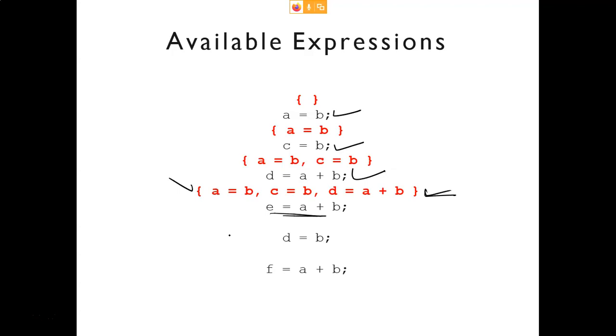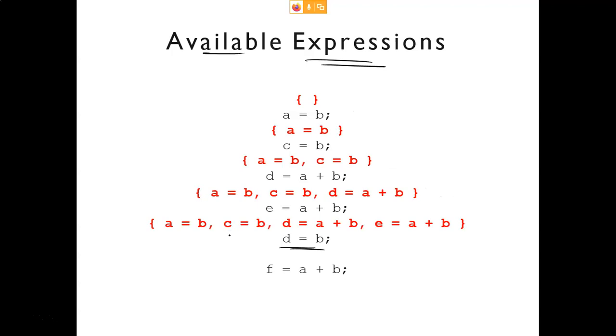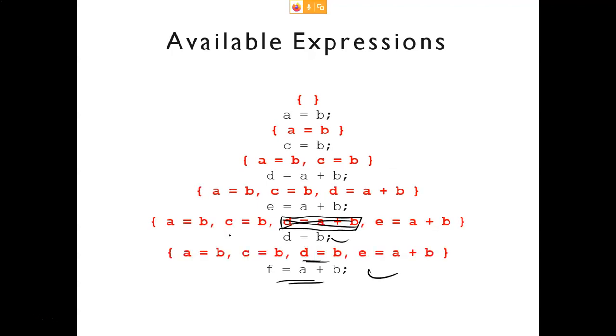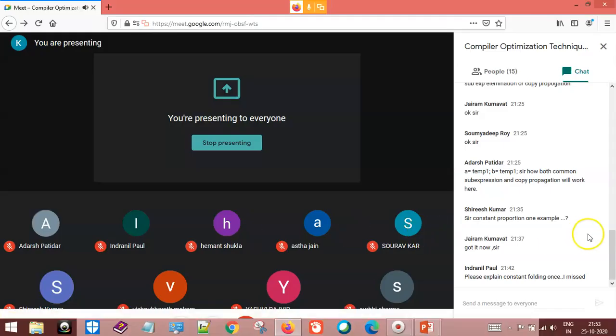So today I am covering the mentioned topics, like they have explicitly mentioned local optimization, common sub-expression elimination, liveness analysis. All these topics I am covering today. So you should ask if you have any doubt. Very easily you can do this. No one has any doubt?